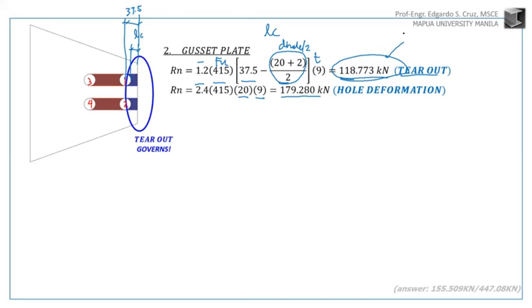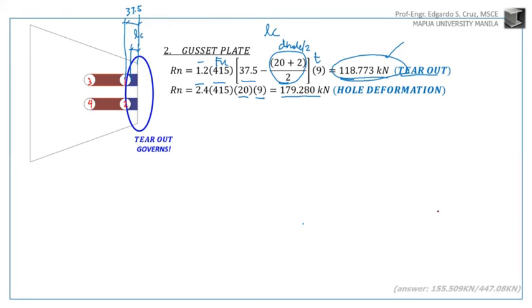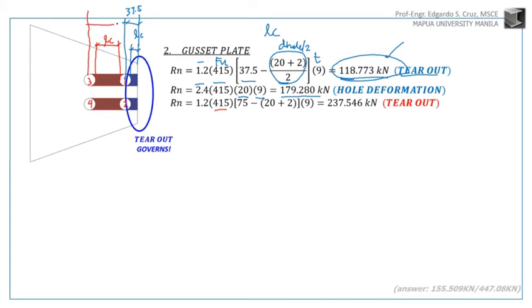Now, what about dun sa bolts 3 and 4? Okay, for bolts 3 and 4, ano ang tear out niya. So 1.2 of its FU. Okay, so ang LC niya is from the edge of this hole to the edge of this hole. Pero yung center to center spacing ay given between holes to be 75.